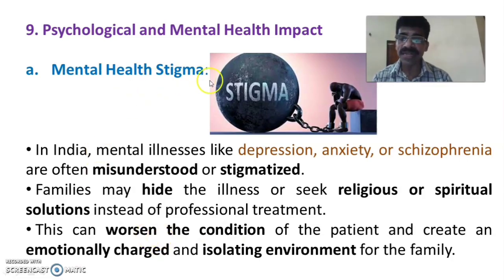So mental health stigma in society will worsen the condition of the patient, and the family may have more emotional stress. They live in an isolating environment, separate from society, relatives and other people. In this way, mental health stigma impacts the patient and family during illness, especially during mental illness and diseases.